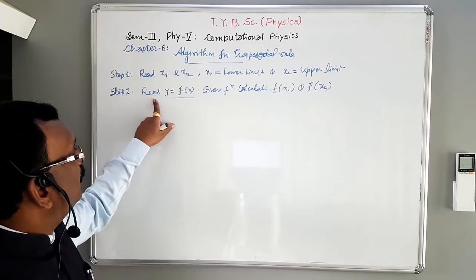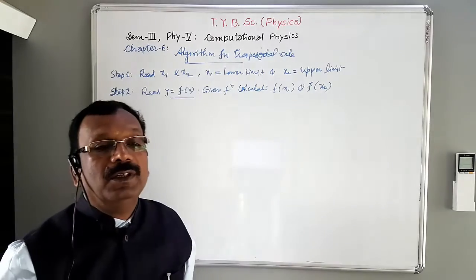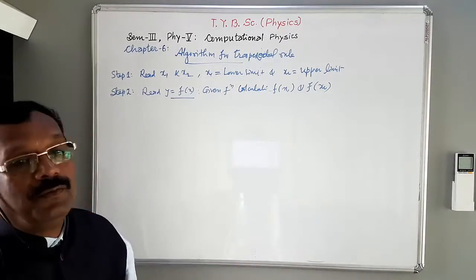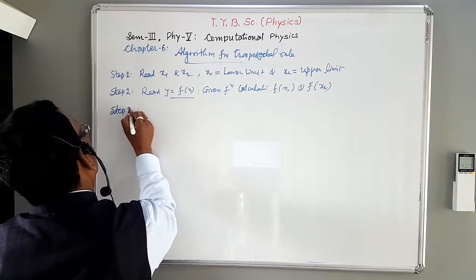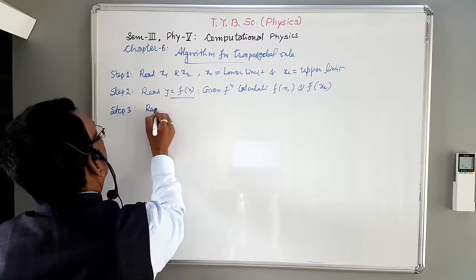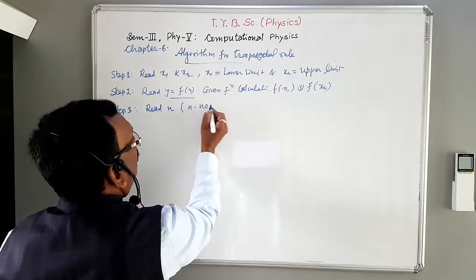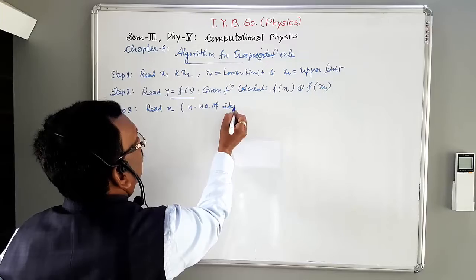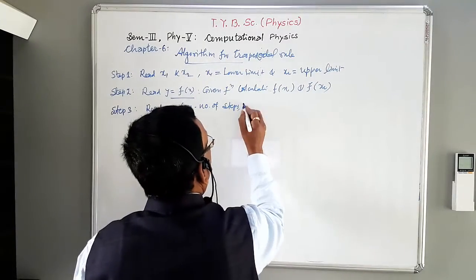In step 2, we have to read the function, and from the given function we have to calculate the values of f of x1 and f of x2. Then in step 3, read n, where n is the number of steps for integration.